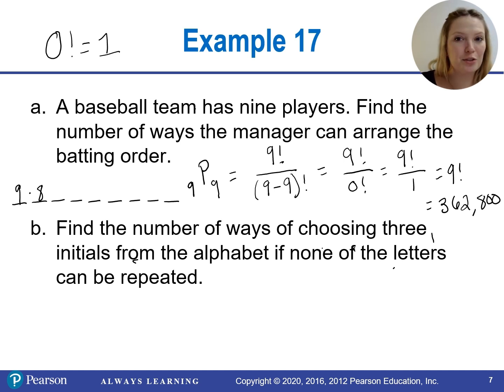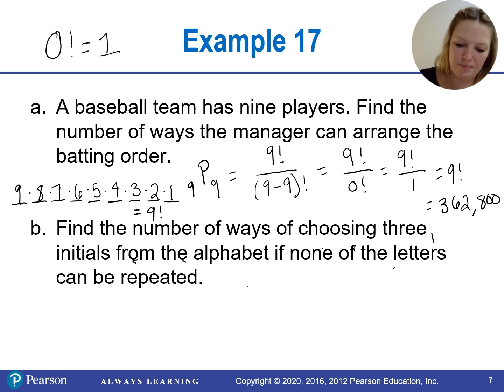Then when you choose the person who goes third, you're only going to have 7 options, etc. So you're going to have 1 fewer option with every space you go to fill. And 9 times 8 times 7 and so on is just 9 factorial, or what we also got using our formula.